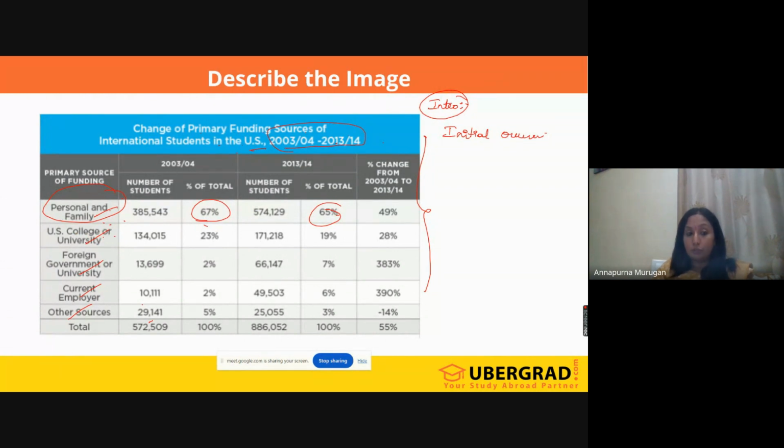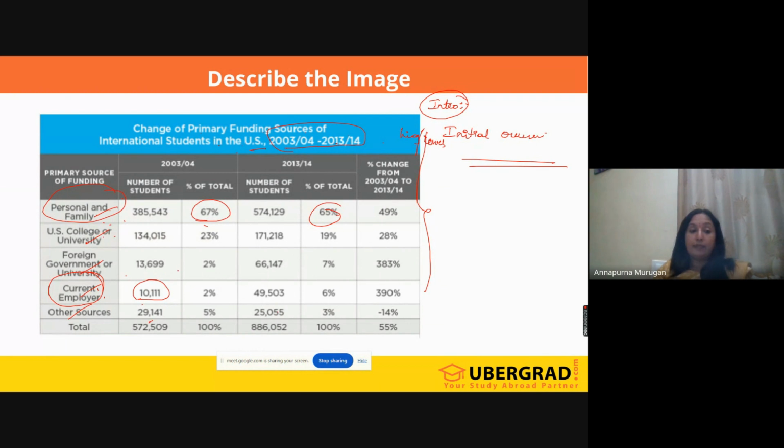And also it is observed that we have only the least number of current employers who will be focusing. That means what is highest, what is lowest, that you try to present here.